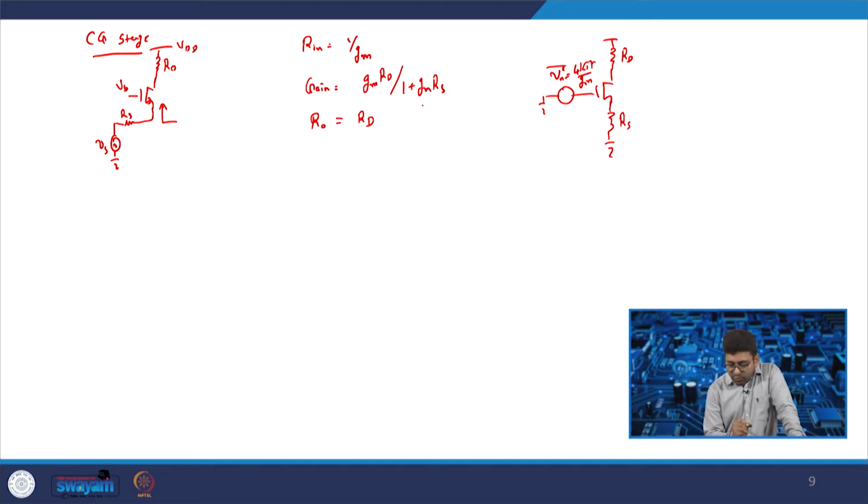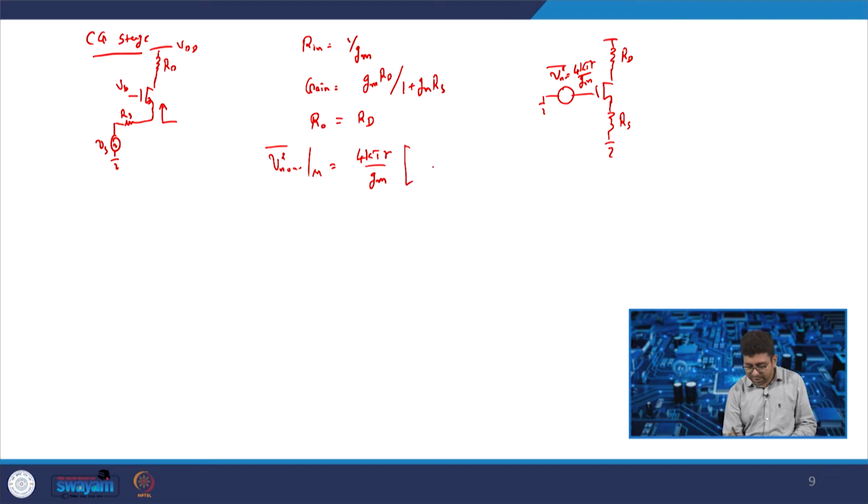So if you consider this and multiply it with the output resistance Rd, what we will get is the noise Vn square out due to the MOSFET, which is given by 4 kT gamma by Gm into gain square, Gm Rd by 1 plus Gm Rs whole square.